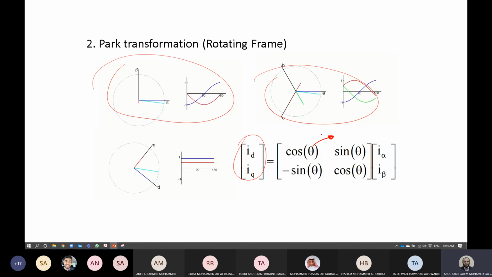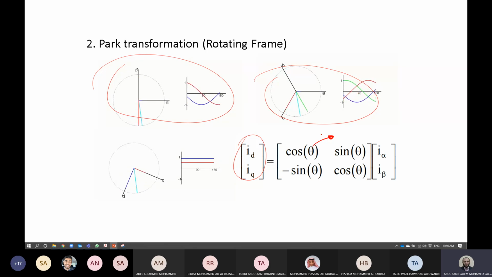So this is the way how we can convert variables from ABC to alpha beta, then from alpha beta to dq. So finally, if you just multiply the two transformations, Park multiplied by Clark transformation, you can convert directly from ABC to dq. But it's not only dq. We have also one other component called zero component. So it's dq zero.